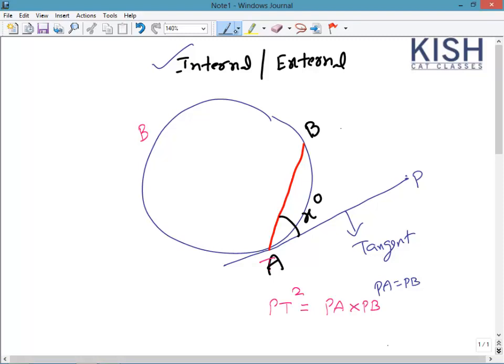From both ends of the chord, you draw two straight lines, and these two straight lines must meet on the circumference. Like I have drawn AC and BC, and this angle ACB is equal to x degrees.